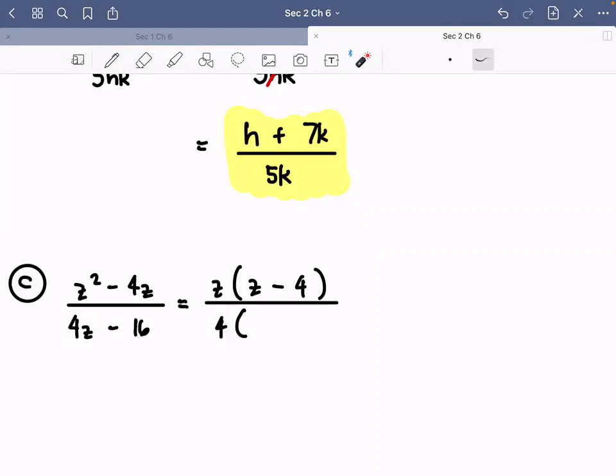So 4z divided by 4 is z, and 16 divided by 4 is 4. So we can cancel out this and this, because they're exactly the same. So your answer is simply z over 4. Just that.